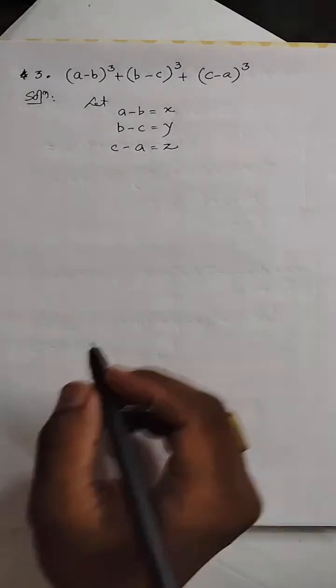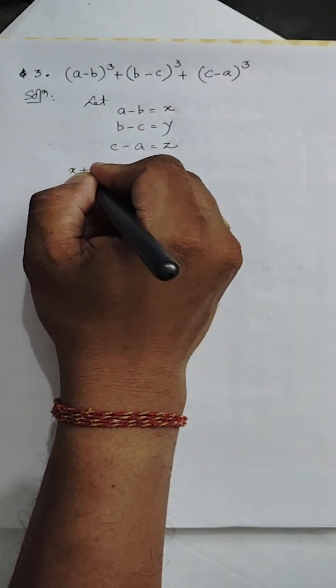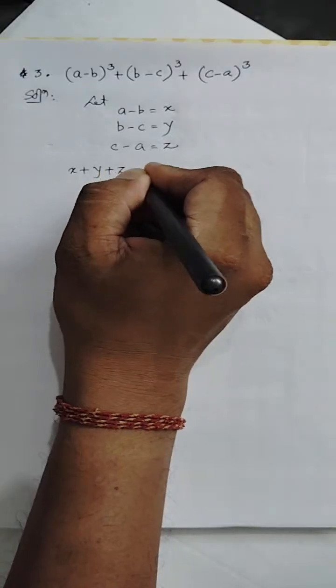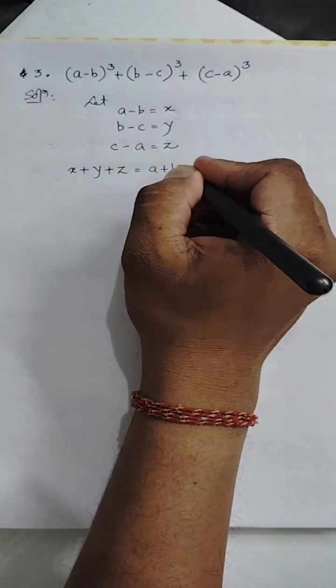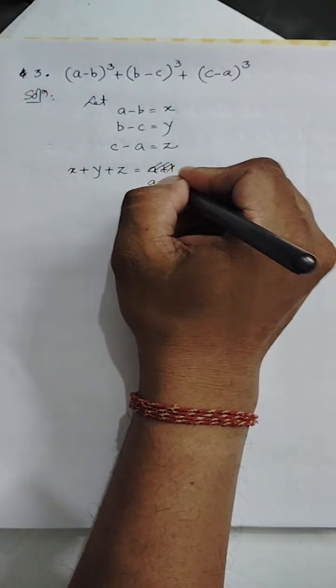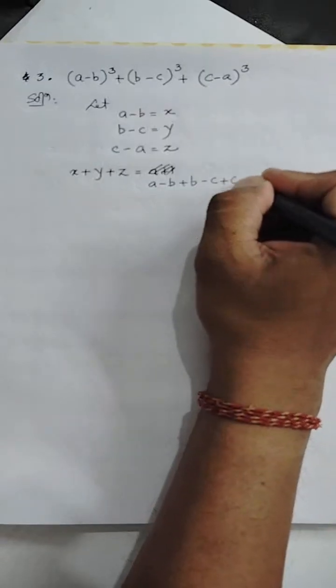Okay, now if we find out the value of x plus y plus z, x plus y plus z means a minus b plus b minus c plus c minus a.